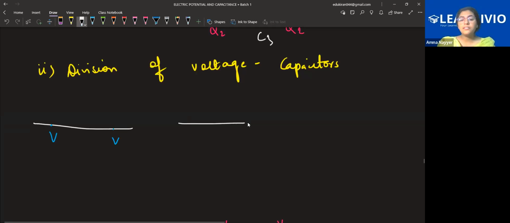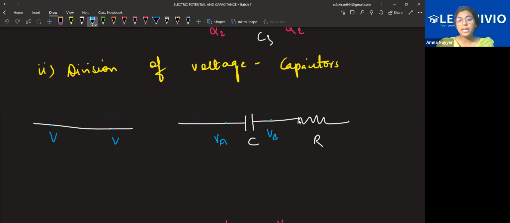But when I put a capacitor or a resistor here, if the potential here is VA, it would be VB here. And if here it is VB in the same branch, here it will be VC. Because potential divides due to a barrier, that is your devices. Devices break up the voltage.